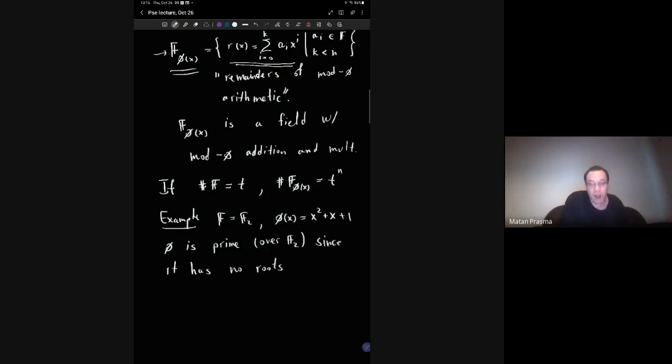And so now I can look at F sub phi. F sub phi, as a set, does not depend really on the specific definition of phi, only on the degree of phi, because I take all the remainder polynomials, R(x) equals, we can drop the sum, so here I have a0 plus a1 x, where a0 and a1 are some coefficients in the ground field.